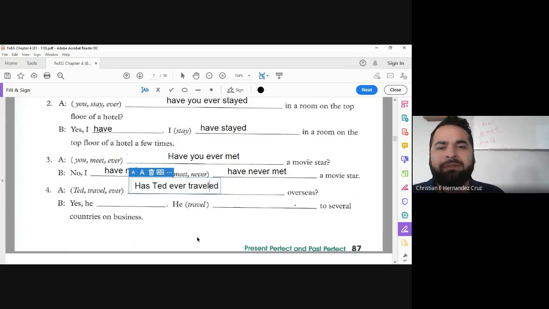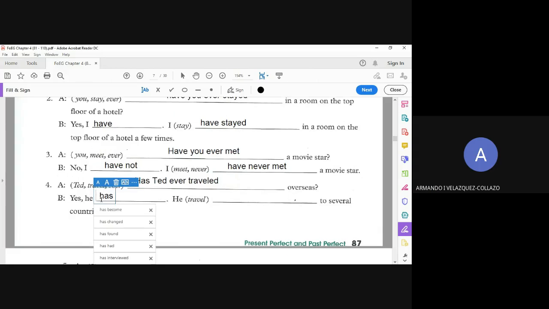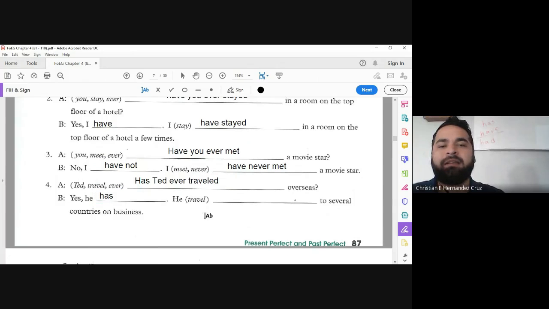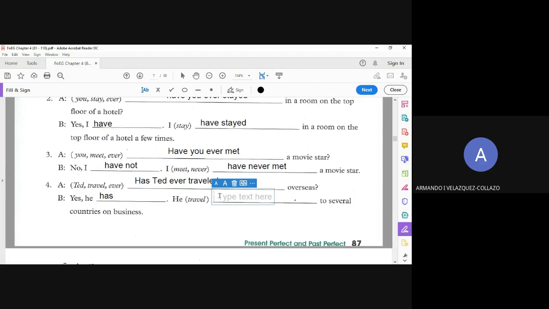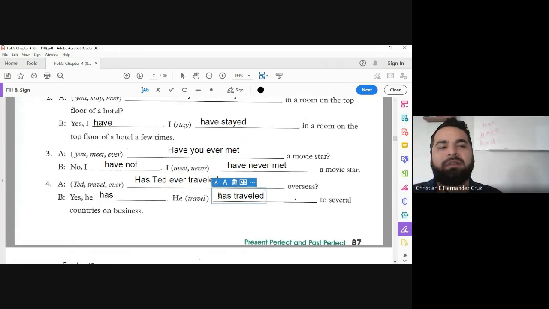I like the way it looks with one, so I'm going to leave it like that. Has Ted ever traveled overseas? Yes, he has. He has traveled to several countries on business. Fantastic.